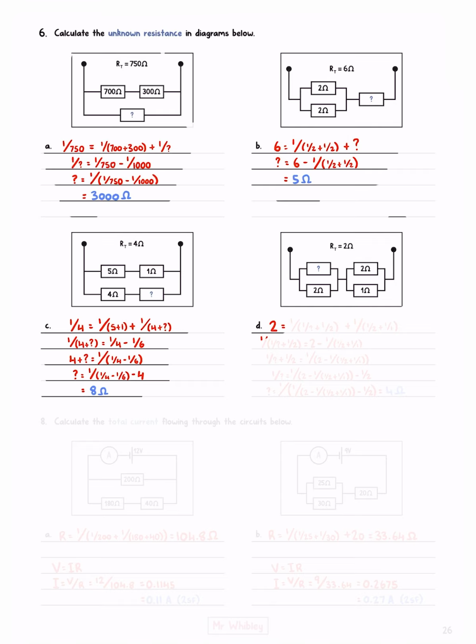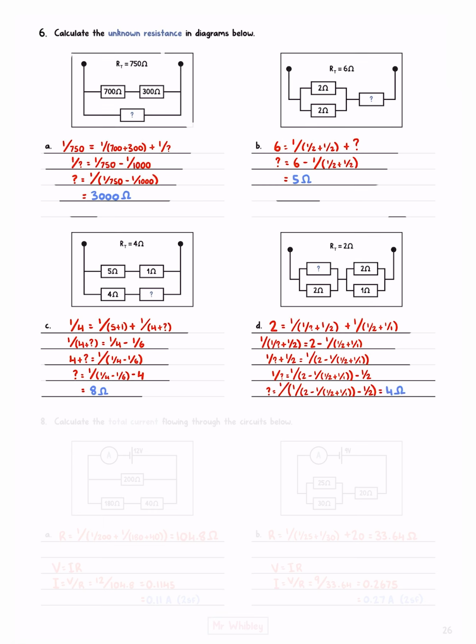Their resistance is 1 over our unknown plus 1 over 2, plus 1 over 2 plus 1 over our 1 ohm. We can solve this for our unknown by first subtracting this from both sides, taking the inverse of both sides, subtracting our half from both sides, and then once again taking the inverse, which gives us 4 ohms.